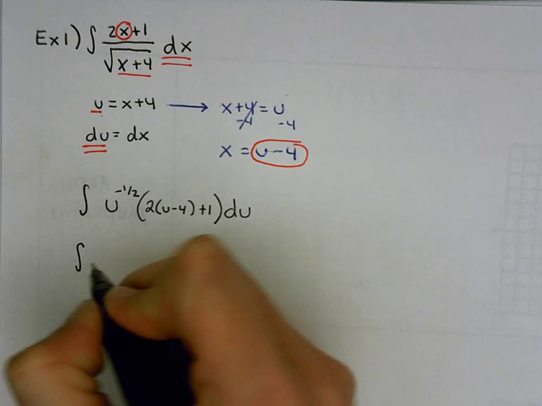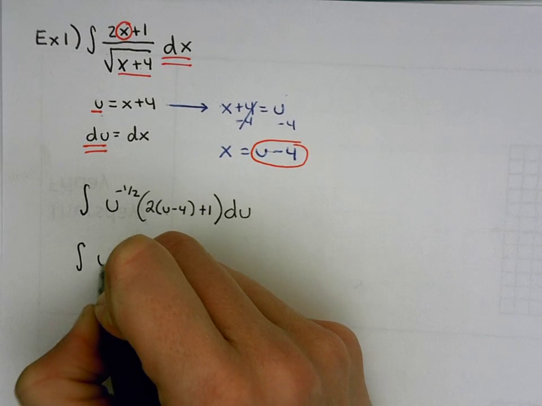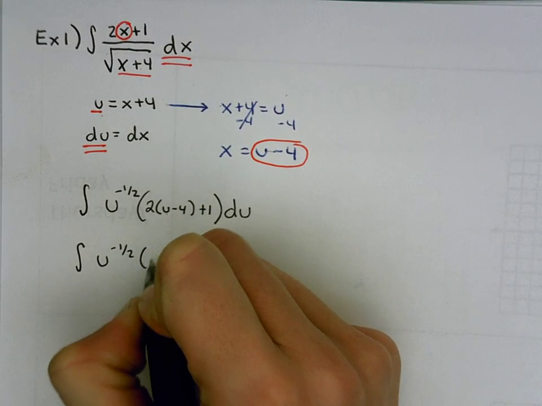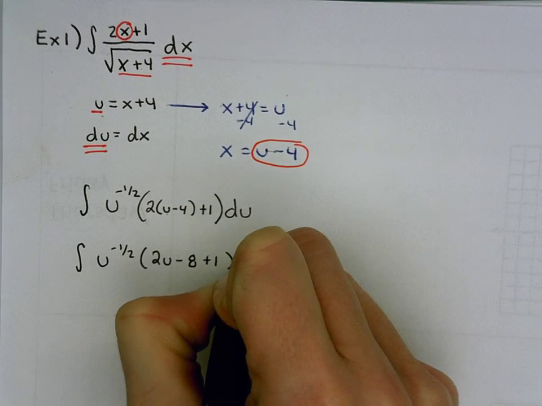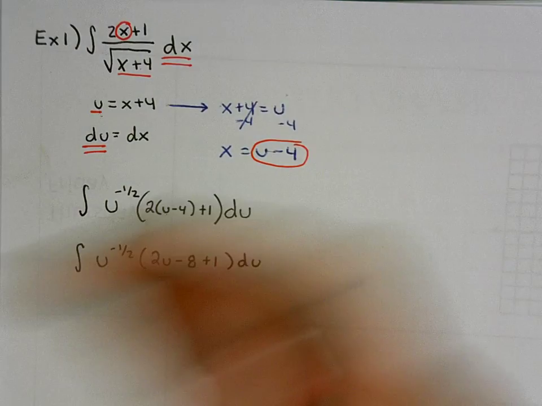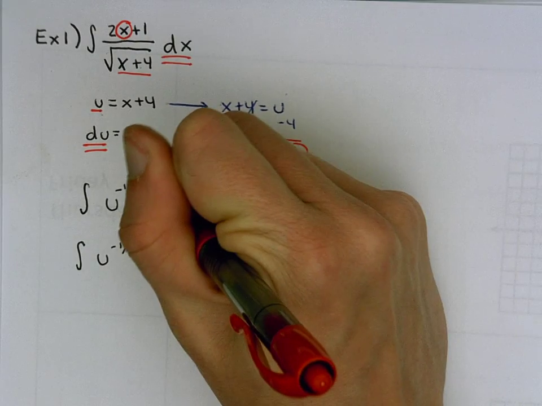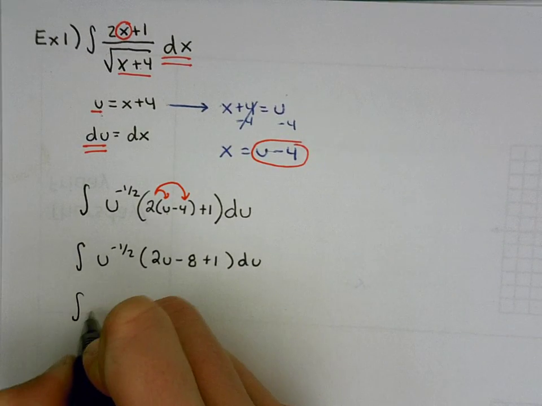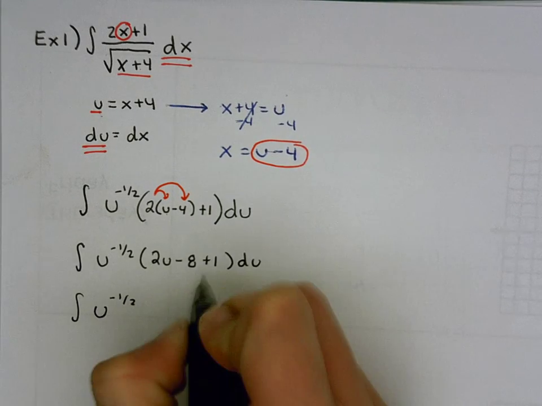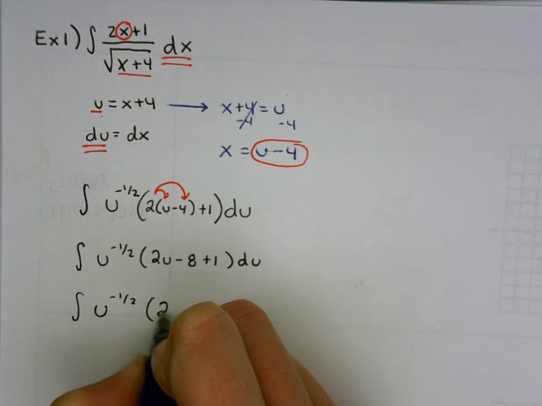We're going to distribute here, so I'm going to distribute that 2 in. So we're going to have 2u minus 8 plus 1. Okay. And then we can combine like terms with that negative 8 and 1.